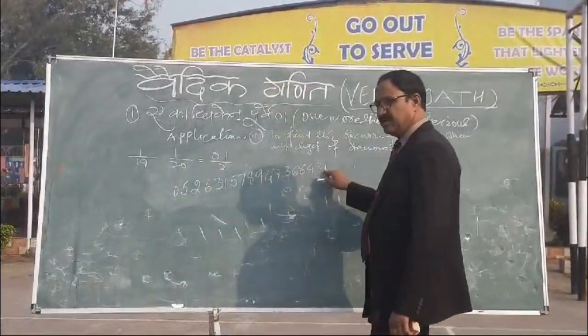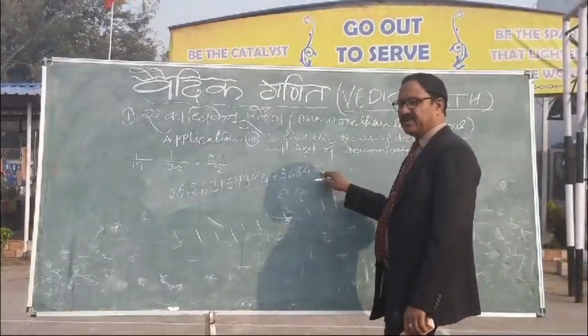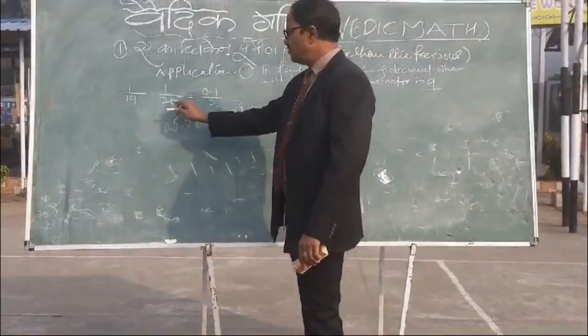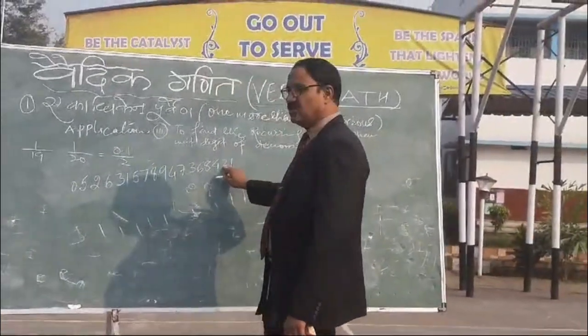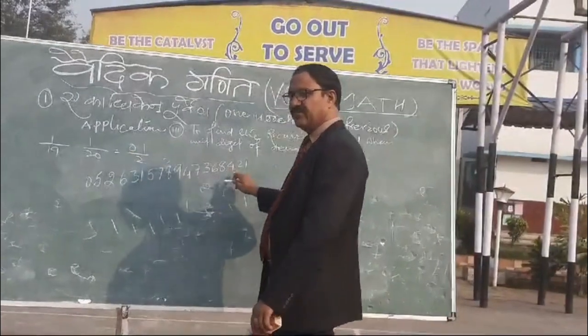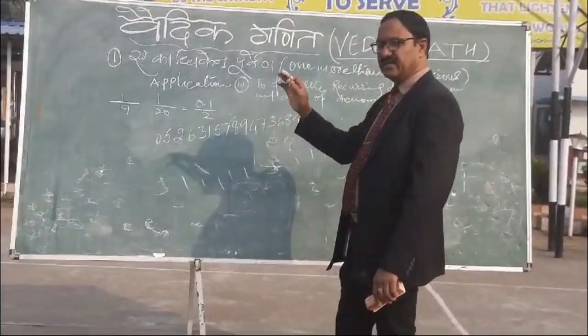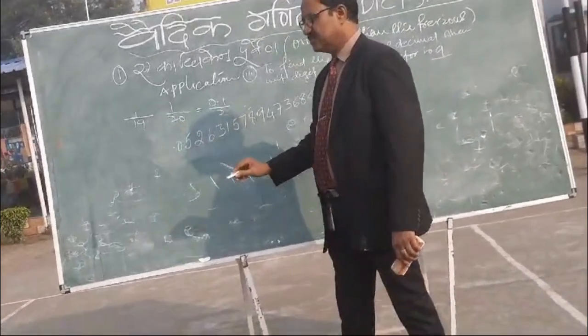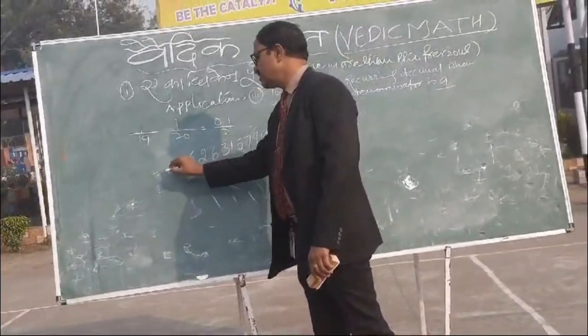You will go on repeating it. After this you find the repetition. If you put here 1, then 2 multiplied by 1, you get 2. 2 multiplied by 2, you will get 4. So from this you are getting repeated numbers. So you stop here. So this is your recurring place.